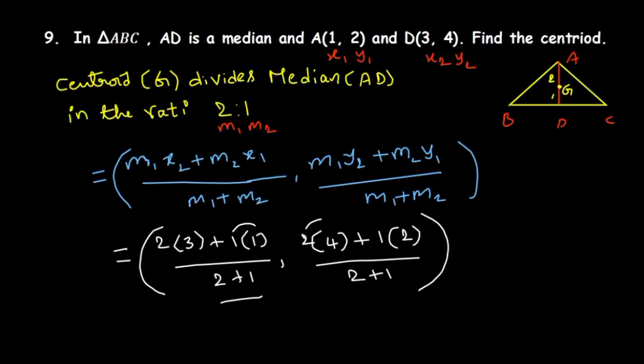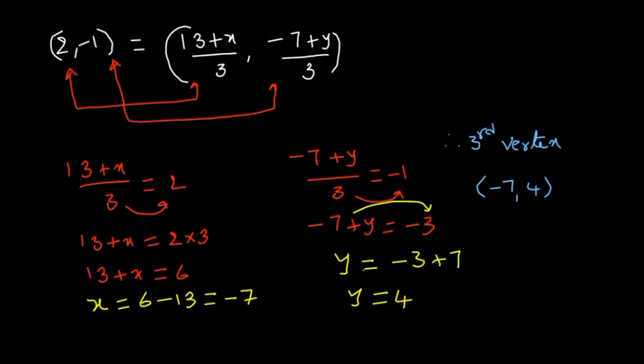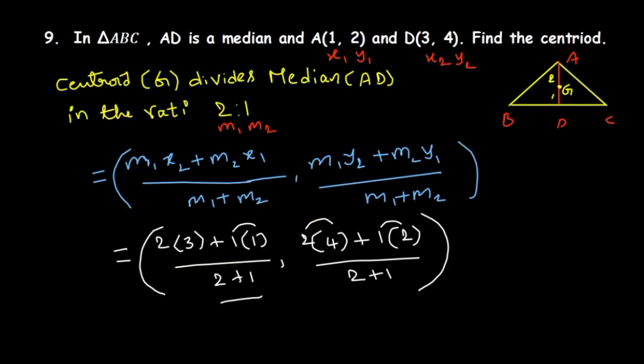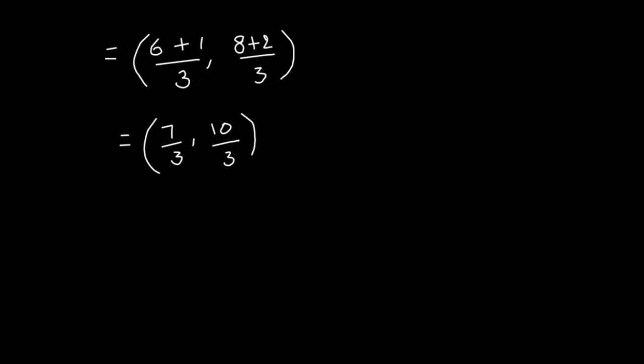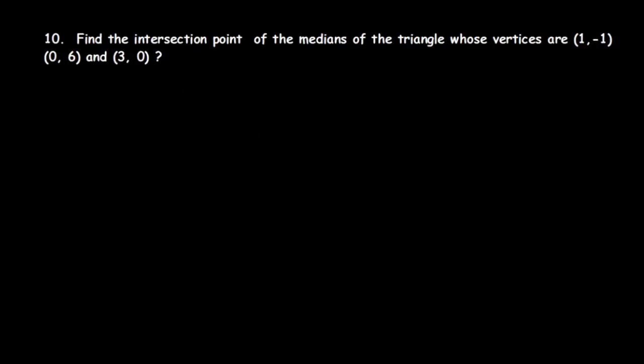And here 2 fours are 8 and 1 two is 2, so 8 plus 2 by 3. Then 6 plus 1 is 7 by 3, and 8 plus 2 is 10 by 3. So (7/3, 10/3) is the centroid of the triangle. When the median AD is given, to find the centroid you can use the 2:1 ratio.